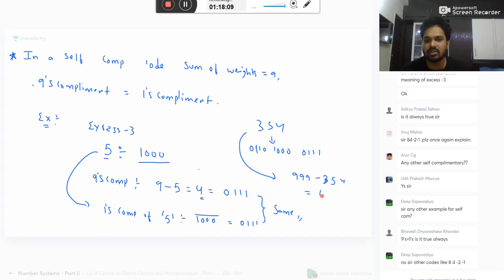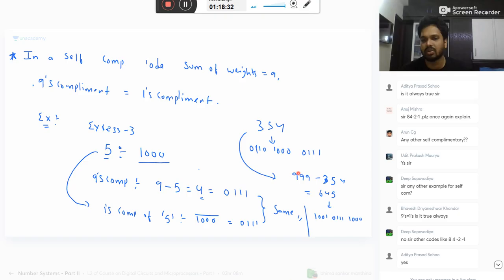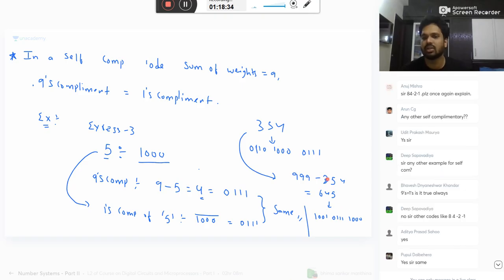What is 645 in excess 3? 9, 7, 8: that is 1001, 0111, 1000. You take the complement of this, and you get the 100% same answer or not? What is the complement of this? 1001, 0111, 1000. That's what I am saying.